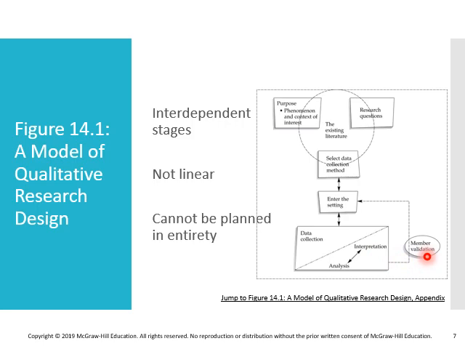Member validation is when we bring the findings back to the participants to ask them to what extent they think that the findings or the analysis ring true to their personal experience. So in other words, asking the participants to verify the accuracy of the findings.